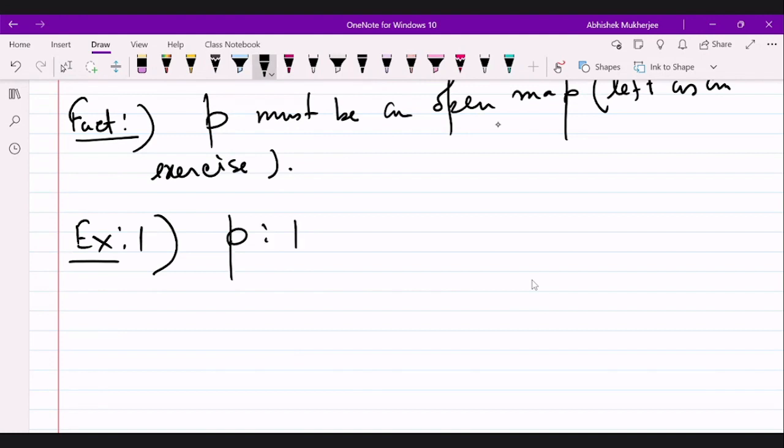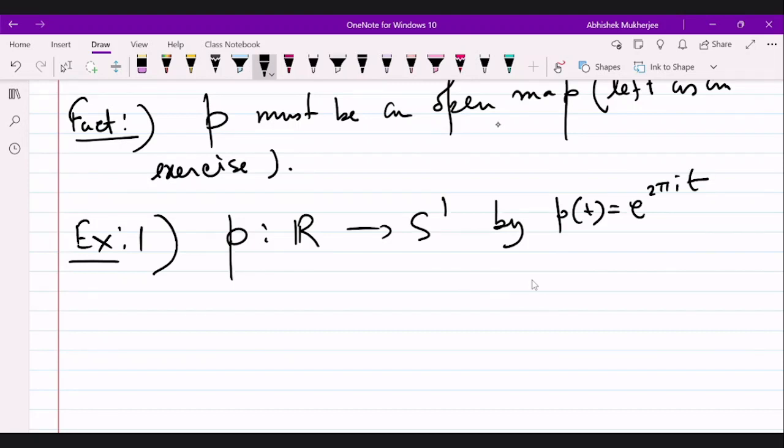We have already defined this map from R to S1 by means of this definition. And this has been proved to be a covering map, right?